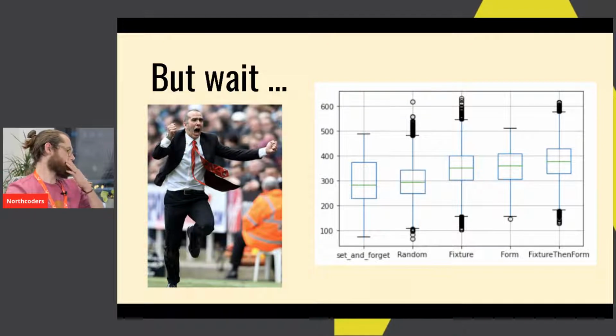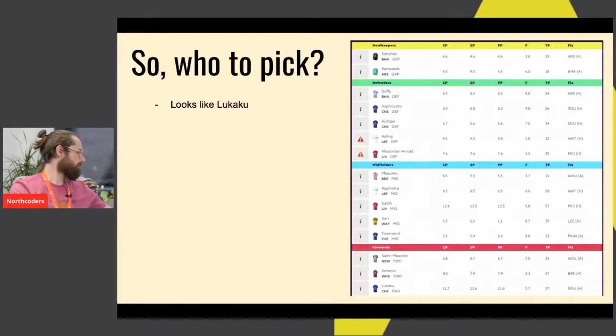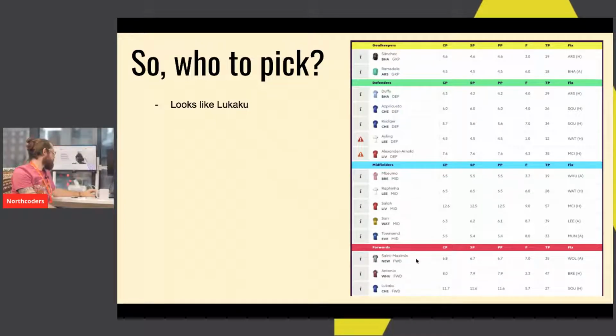So who should I pick for the Bamford Cortinas this week? Now, the numbers are quite small, but my premium players are Lukaku, Salah, and Alexander-Arnold, but he's injured. Maybe Antonio.